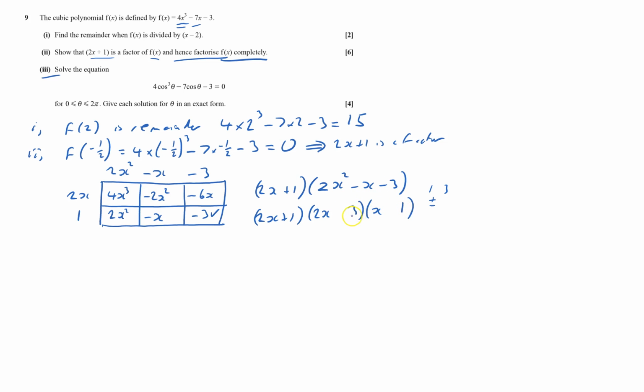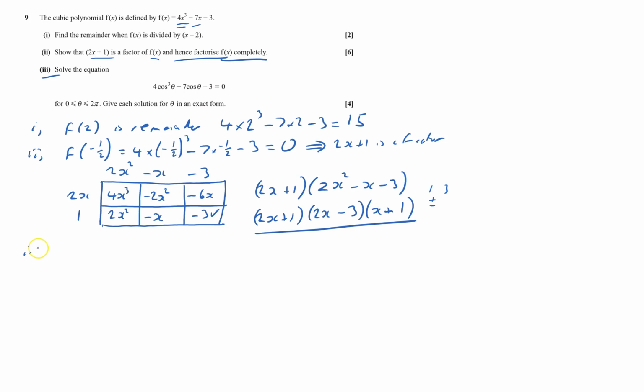So the 1's going to go there, the 3's going to go there, and I want to have more negative x's than positive x's. So 3 times x is 3x, 1 times 2x is 2x, so it's going to be minus 3 plus 1. Just check. 2x squared plus 2x minus 3x is minus x. Minus 3 times plus 1 is minus 3. Definitely factorized completely. Happy with that. That's my answer for that part.